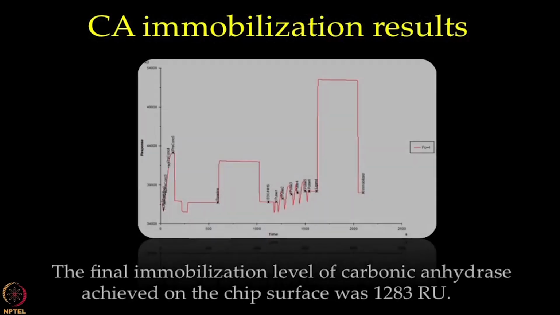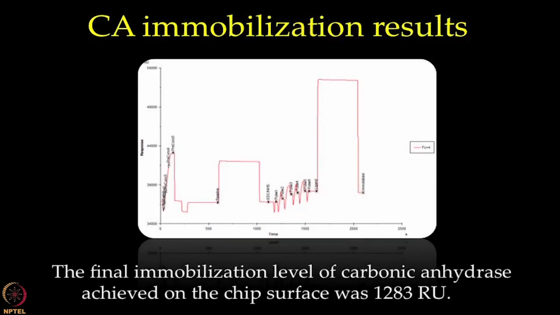Since it is recommended to use lower immobilization levels for kinetics assays compared to screening assays, we targeted an immobilization level of 1500 RU for carbonic anhydrase. As shown in the figure, the immobilization procedure resulted in a final immobilization level of 1283 RUs.